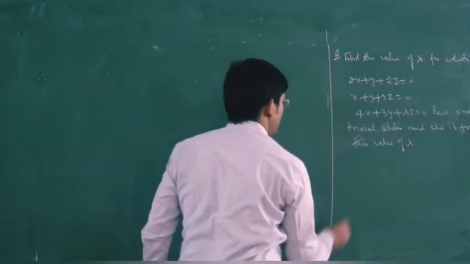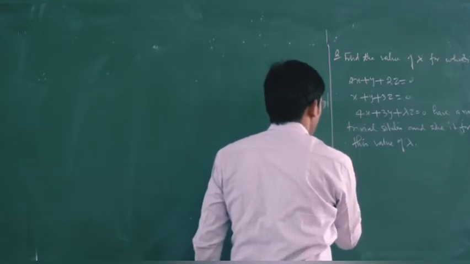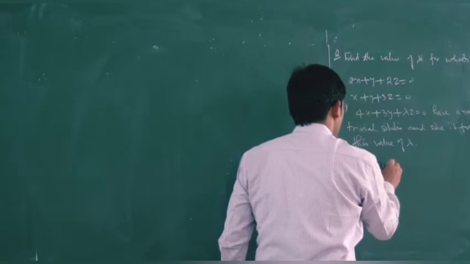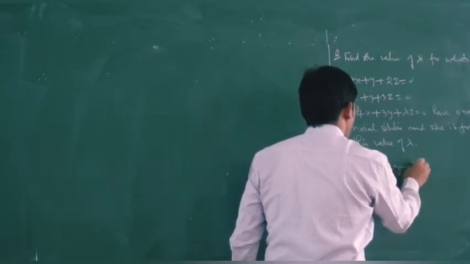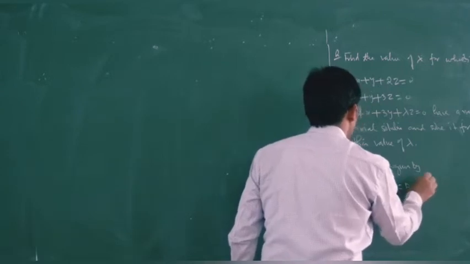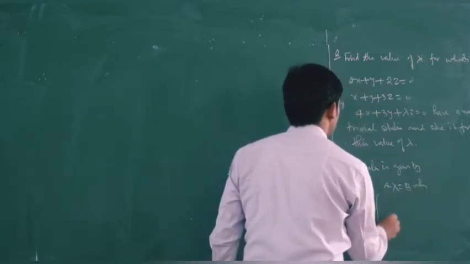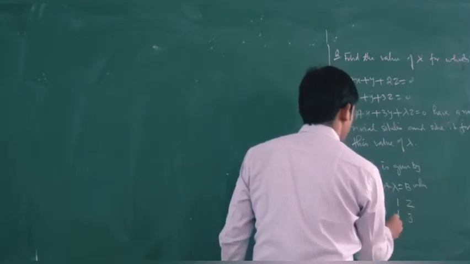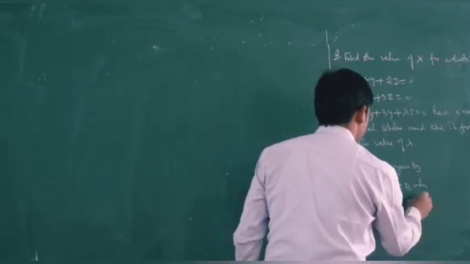So your solution is given by Ax equal to b, where my A is equal to 2, 1, 2, 1, 1, 3, then 4, 3, lambda.